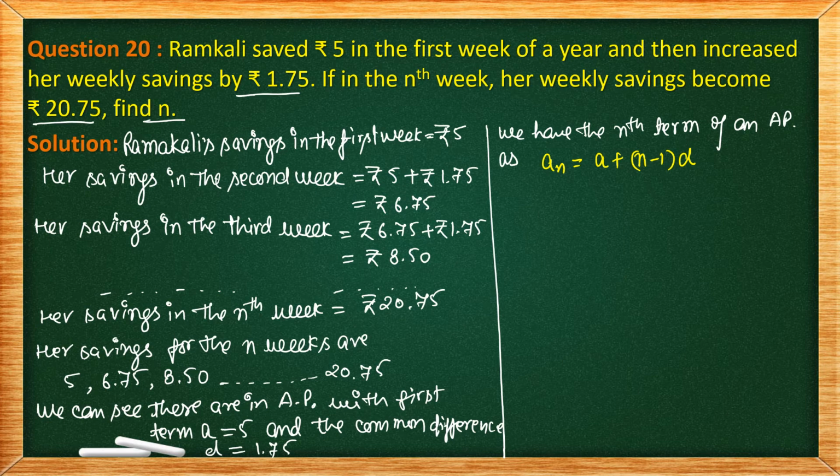Now here we can see the nth week's saving is rupees 20.75. So we will substitute it here. So an is 20.75 and this is equal to a is 5 plus n minus 1, and d is 1.75. Now we will open the brackets.